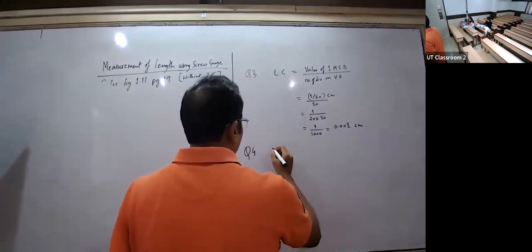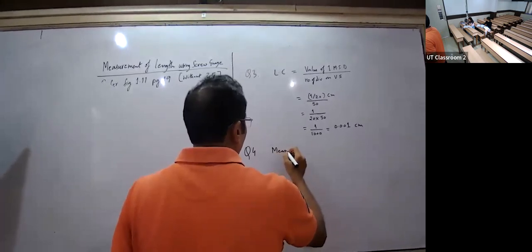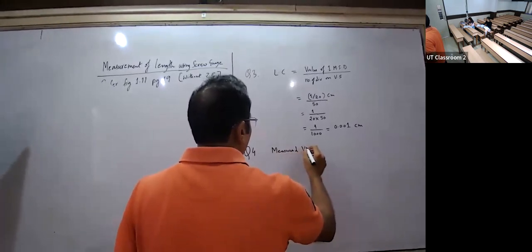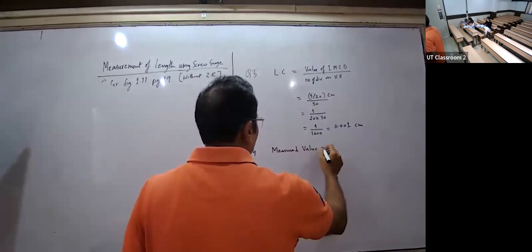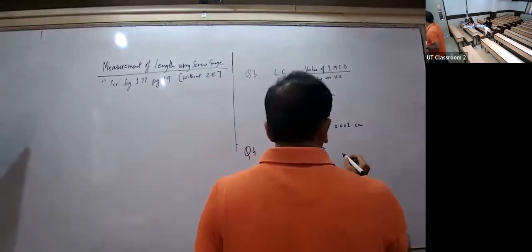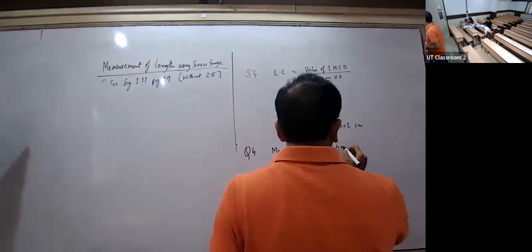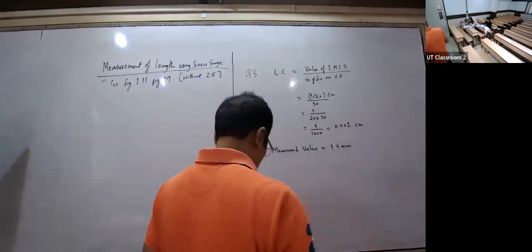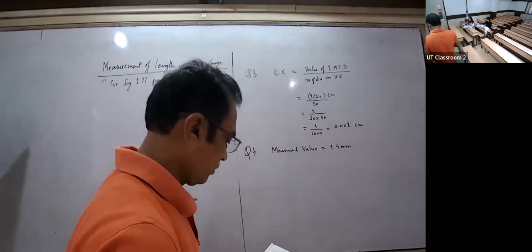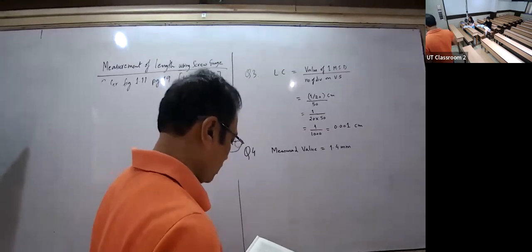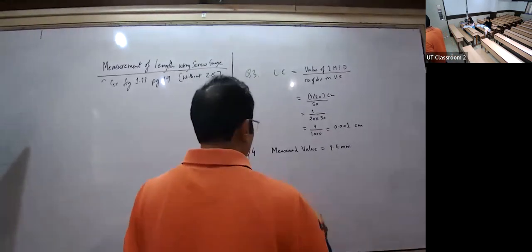So measured value is 1.4 millimeter. The zero error of the vernier calipers is 0.02 centimeter.